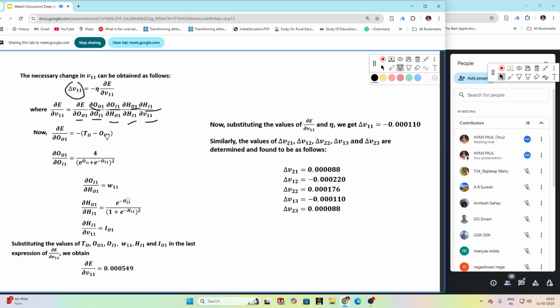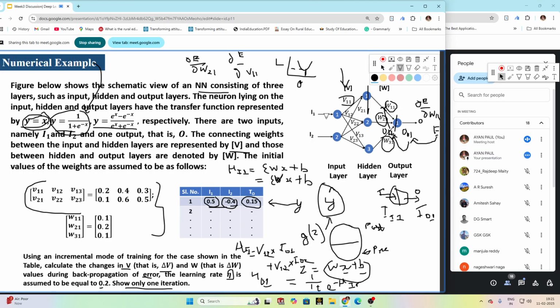Okay, so here we have to calculate two more steps. Up to this step we have already done it, but now we have to calculate these two steps more. So we have to find out what del HO1 by del HI1 is. Del HO1 by del HI1 is nothing but the derivative of the activation function in this layer. So what is the activation function in this layer?